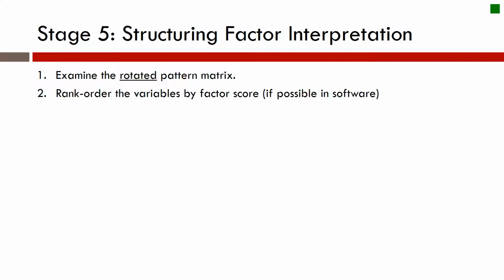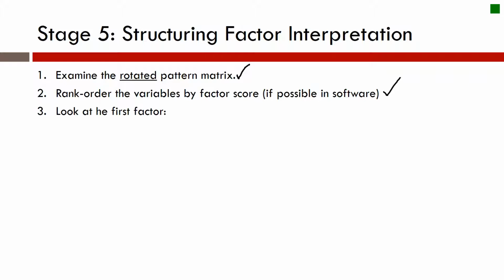That's what I would recommend doing, and look at the loadings that are associated with that pattern matrix. We want to put in order, if your software will allow you to do this, the variables based on the size of the factor score. So we want the strongest factor scores to be reported first.